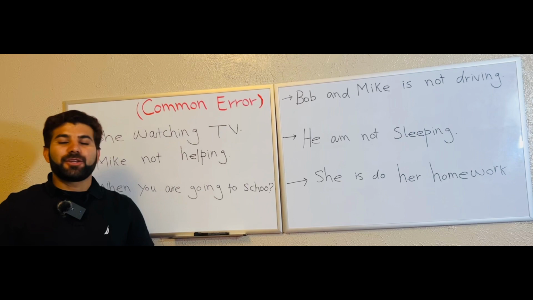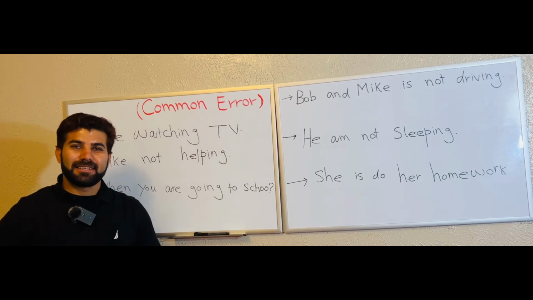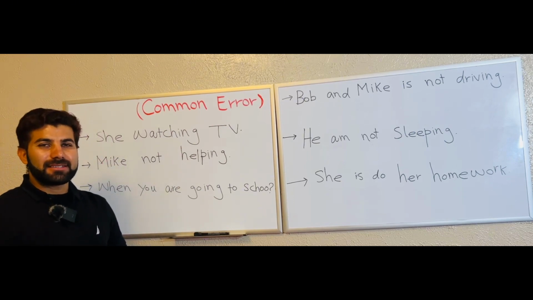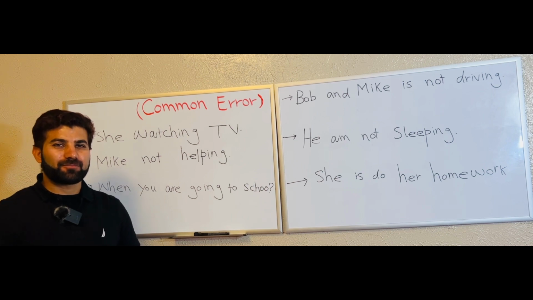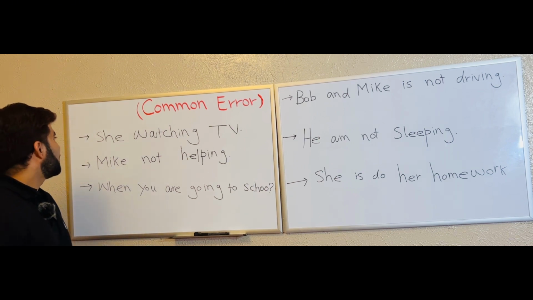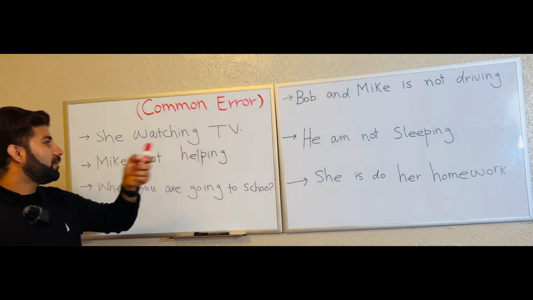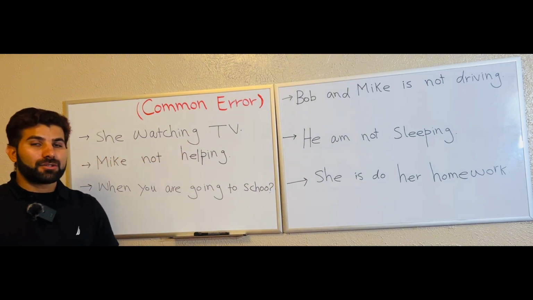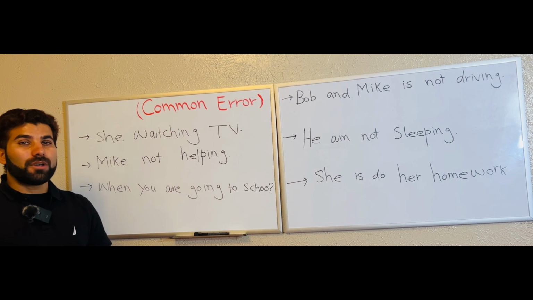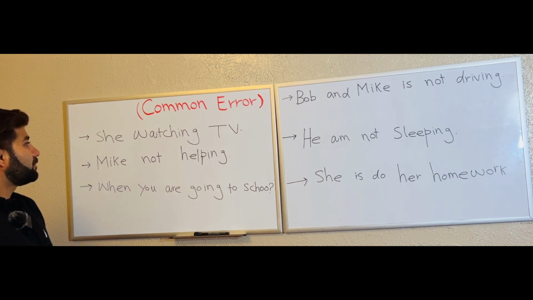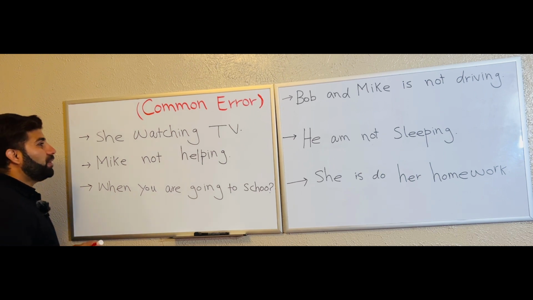In present continuous tense, sometimes we make some common mistakes. For example, in this sentence, she watching TV. What do you think? What are we missing in this sentence? We are missing the be verb.